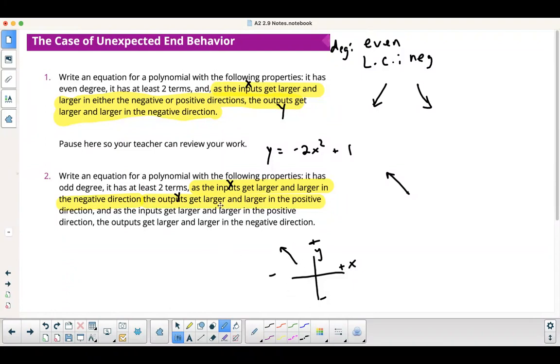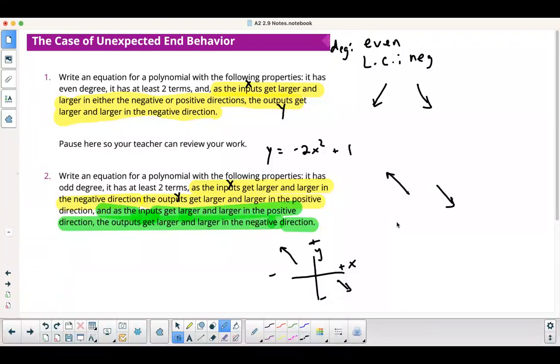Okay? And then the next part, I'll highlight that in a different color, just keep it straight. And as the inputs get larger and larger in the positive direction, so that's going right, the outputs get larger and larger in the negative. So as the inputs get larger and larger in positive, I'm going right, outputs get larger and larger in the negative. So your end behavior is like that.